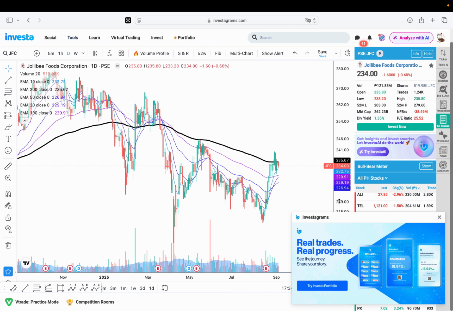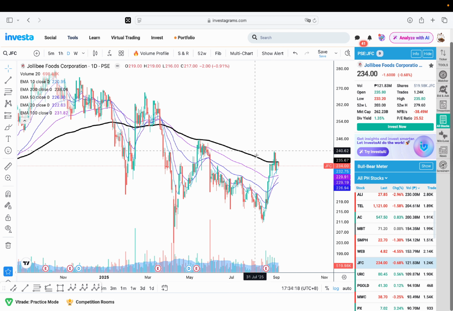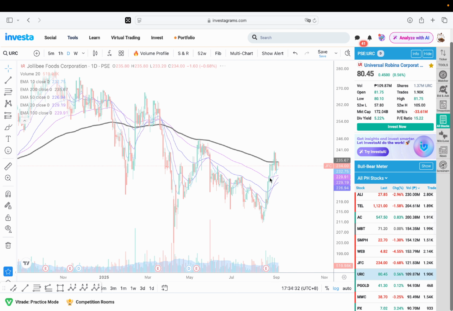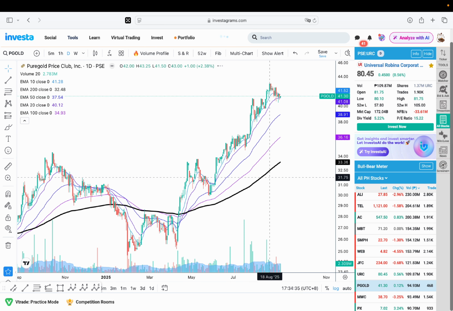Because this is a major resistance. So people for the past 200 days who bought Jollibee just broke even from this level during this day, which is why they decided to sell at break even, right? Okay, let's look at the other companies.